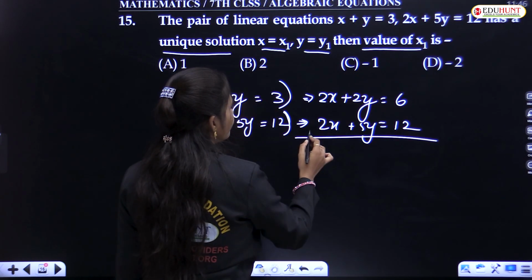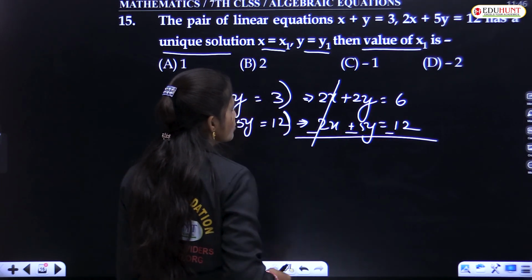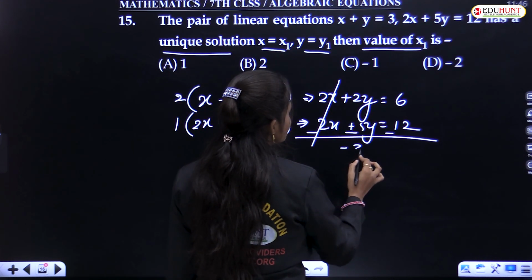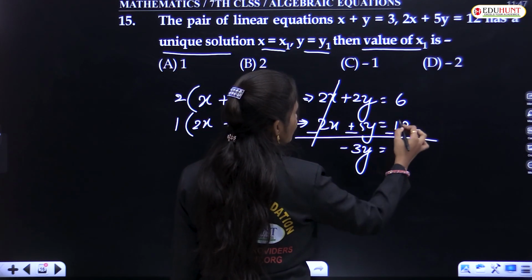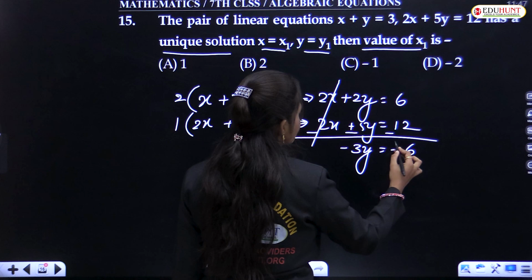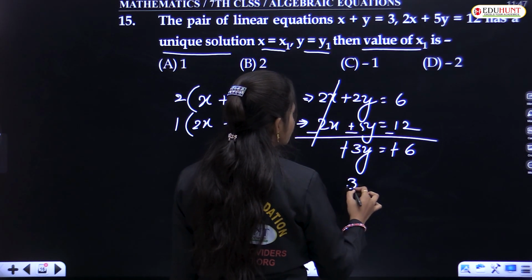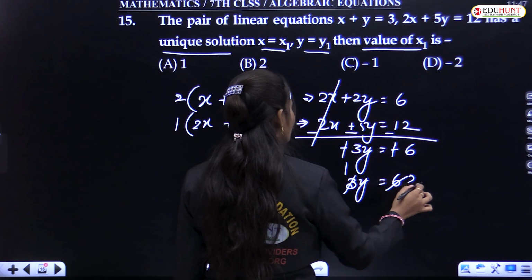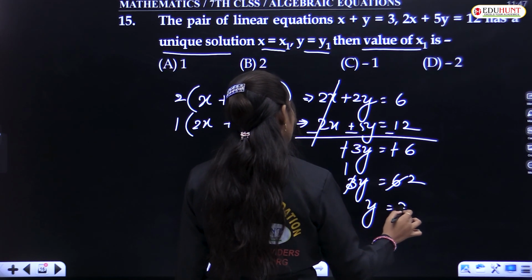Subtract: 2x minus 2x gets cancelled. 2y minus 5y is minus 3y, which is equal to 6 minus 12, that is minus 6. Minus and minus get cancelled, so 3y is equal to 6. 3 2s are 6, so y is equal to 2.